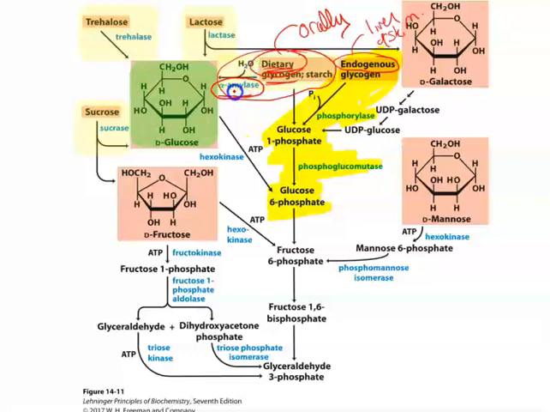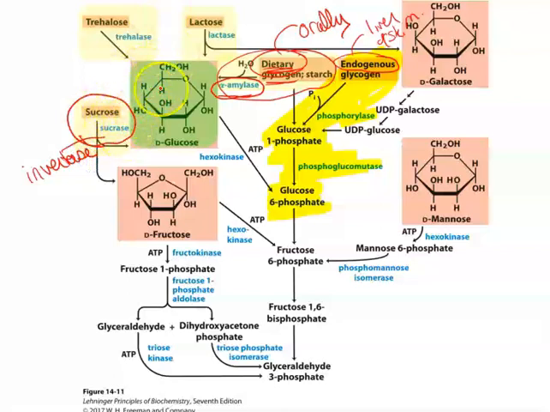And it uses water to break the alpha 1,4 linkages between the glucose residues in the glycogen and starch. And so we end up with glucose, which, of course, goes into glycolysis because it's the first intermediate of the glycolytic pathway.